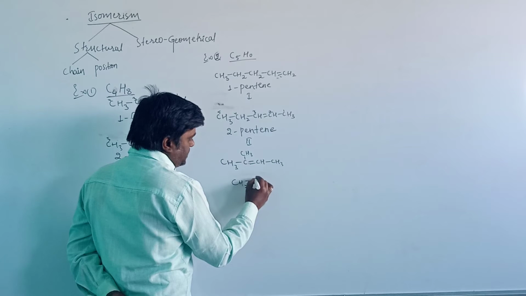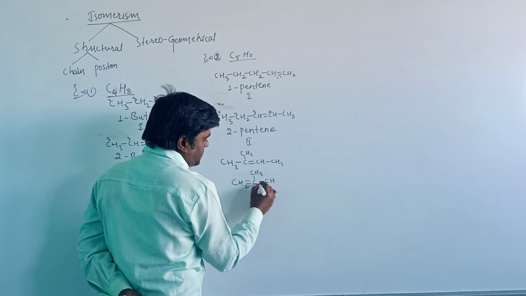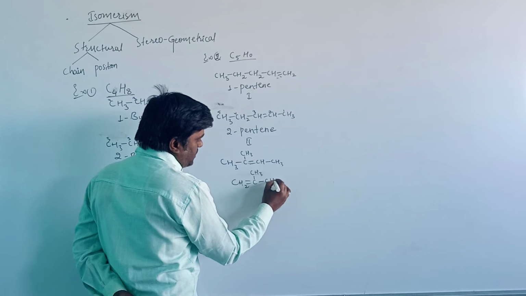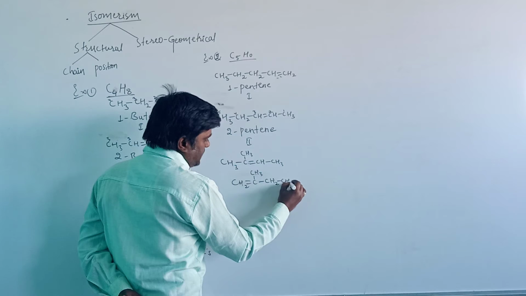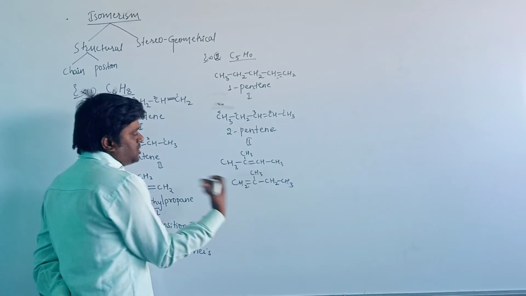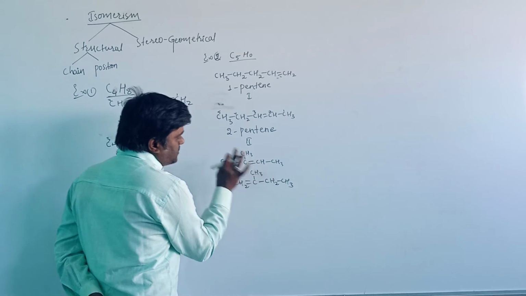CH2 double bond C, CH3, CH, that is 1, 2, 3, 4, with CH2, CH3 here. We can write it like this also, or we can change the position of the substituent group here. We can take from this side also.